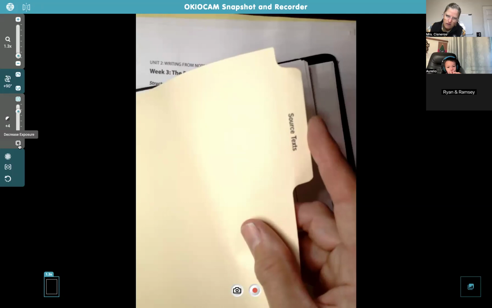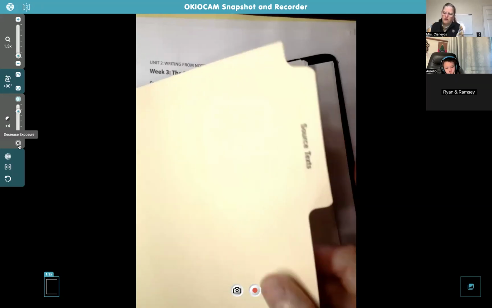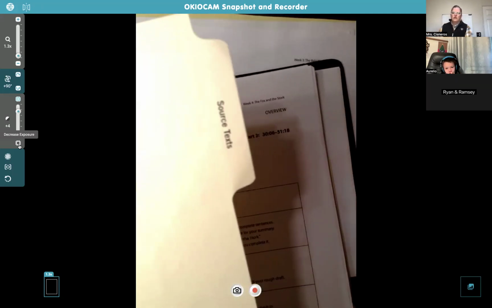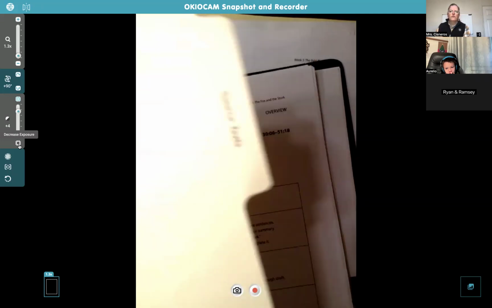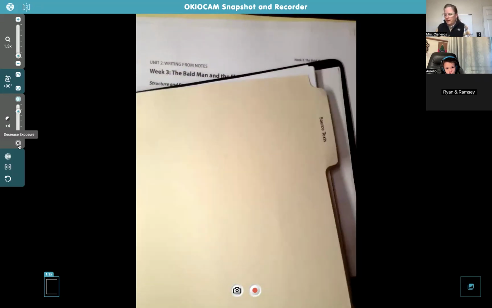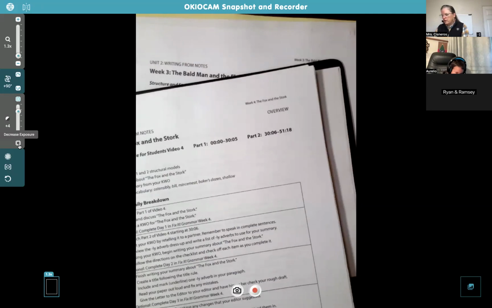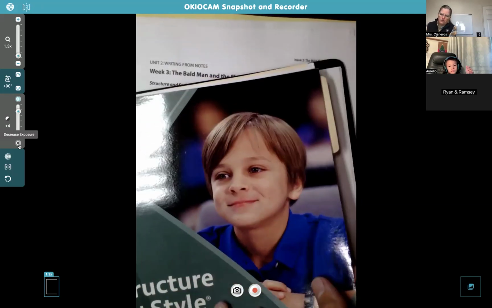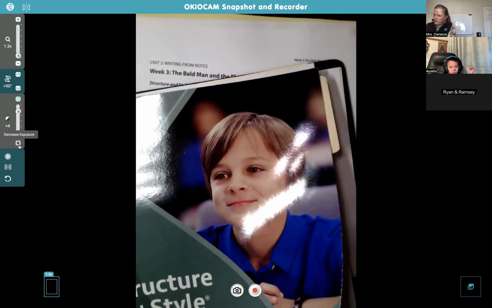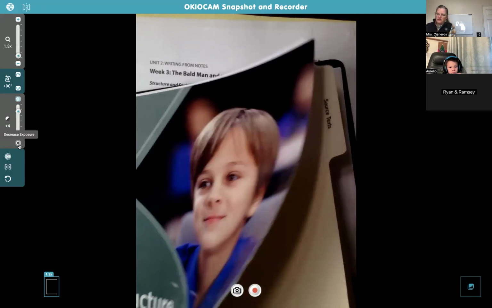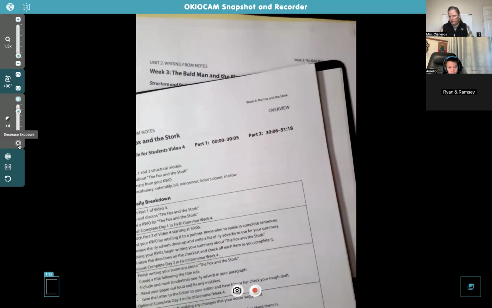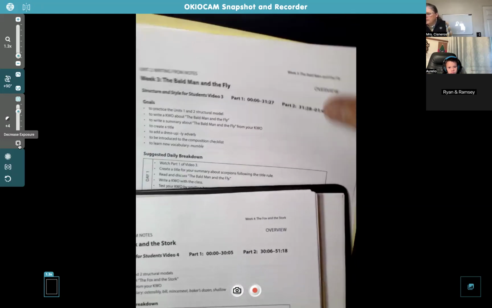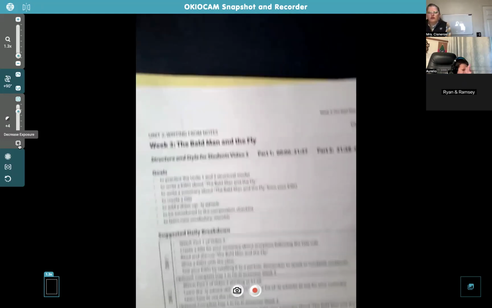He has them all the way in the back because he just threw the papers in the front and I was going to help him organize them later. Okay, so maybe after the Zoom, I can help you with that. But if you go to the front and keep turning pages, it's after page 8. And it should say this one, The Bald Man and the Fly.